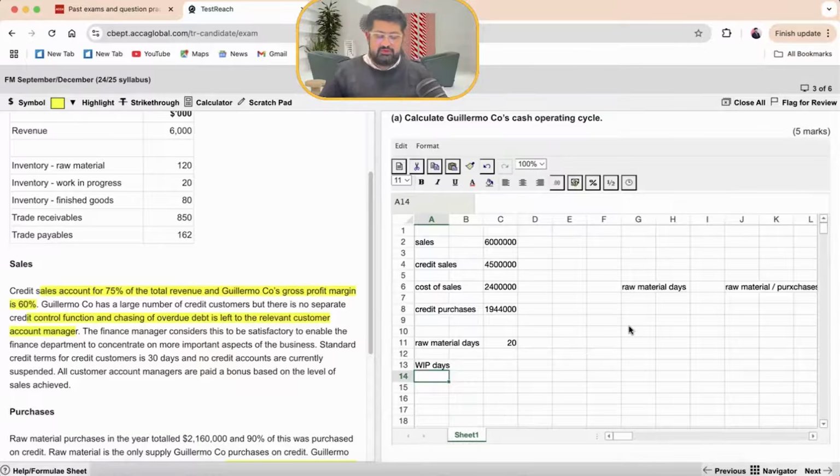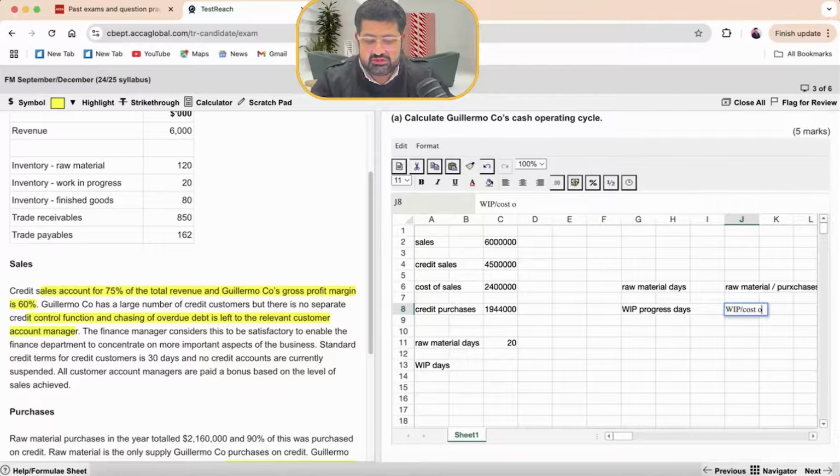So the formula is work in progress divided by cost of sales into 360. So we are applying the same. So work in progress is 20,000 divided by cost of sales, into 360. So work in progress days are 3.